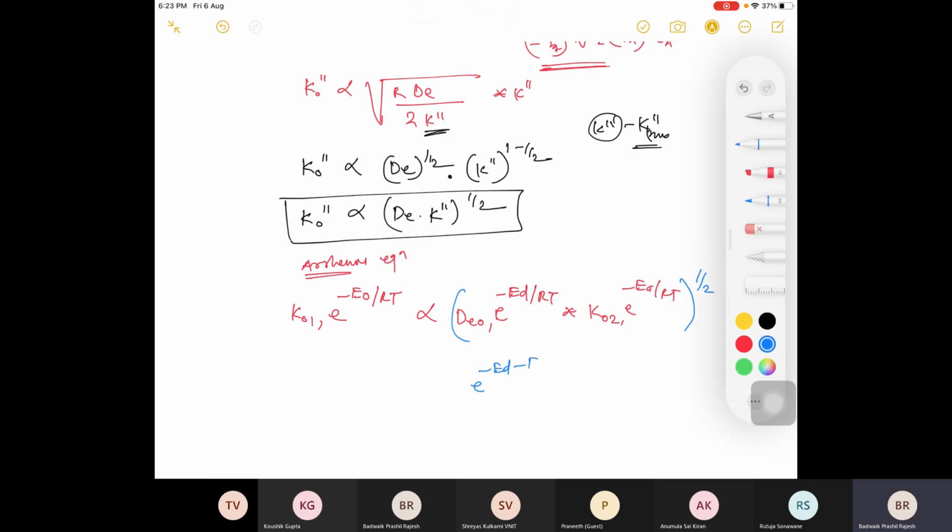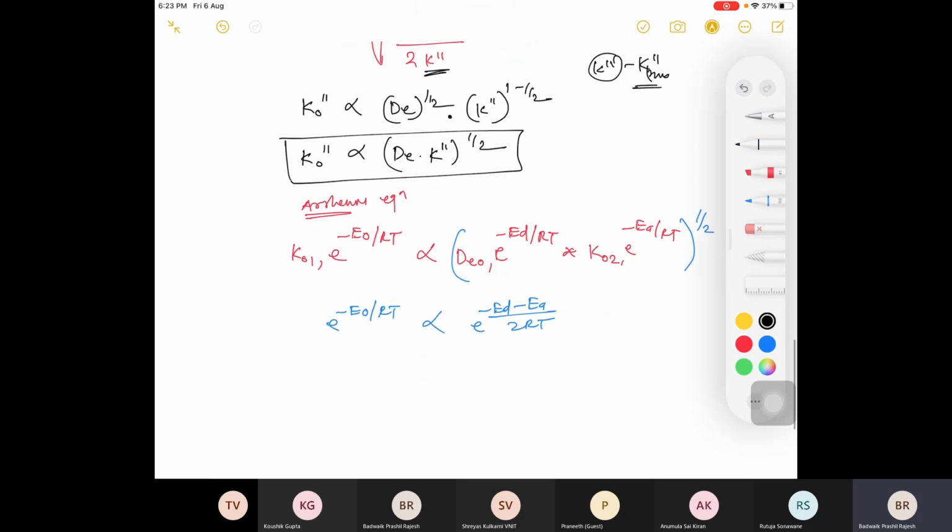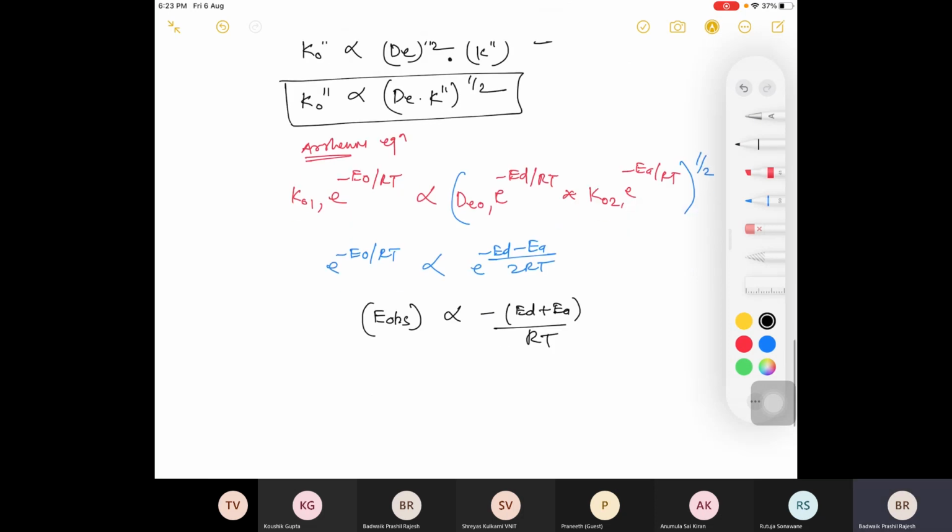2RT minus of Ea divided by twice RT, and here you have e to the power E observed divided by RT. Now just compare the powers of e. So you may find here E observed is directly proportional to minus of Ed plus Ea divided by RT, and I have already explained that E diffusion is very low as compared to Ea, that is your activation energy for reaction.